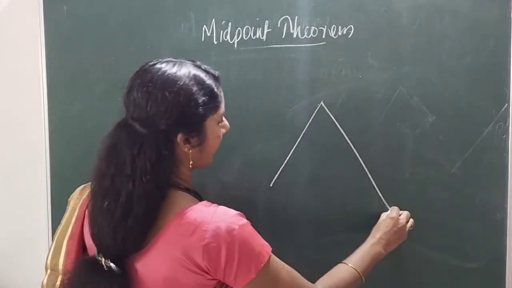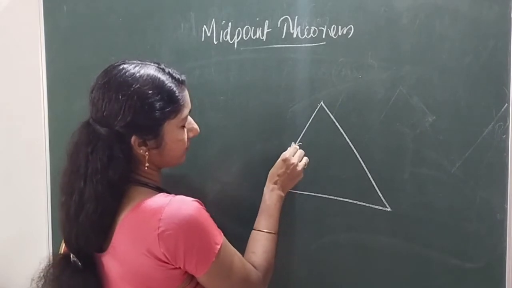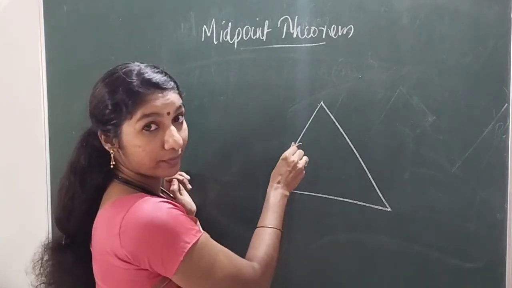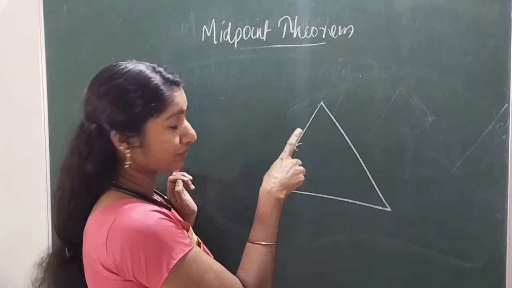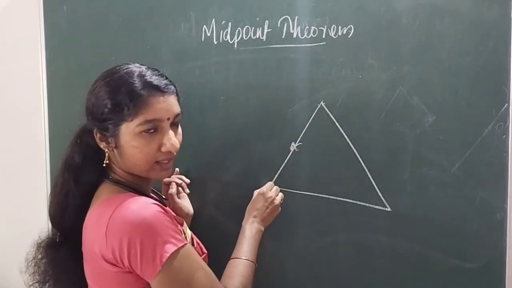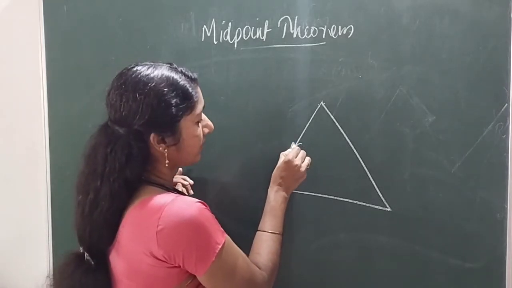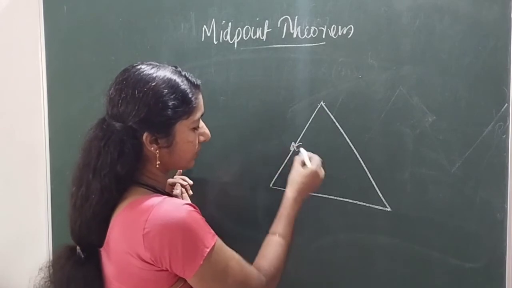Suppose you are drawing a parallel line from the midpoint of one side. One midpoint only will be there for one side, so take any one side of the triangle. From the midpoint of that side, draw a line segment parallel to the second side.